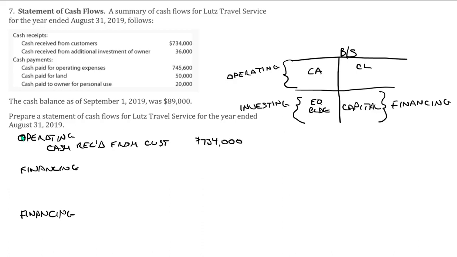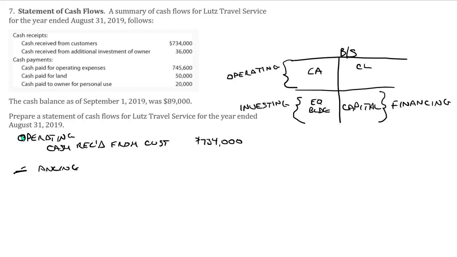Then we received cash from an additional investment by the owner. That would be a financing activity. So we're going to say cash received from owner, or why don't we say investment. I can't read any of this, so I'm going to move this.